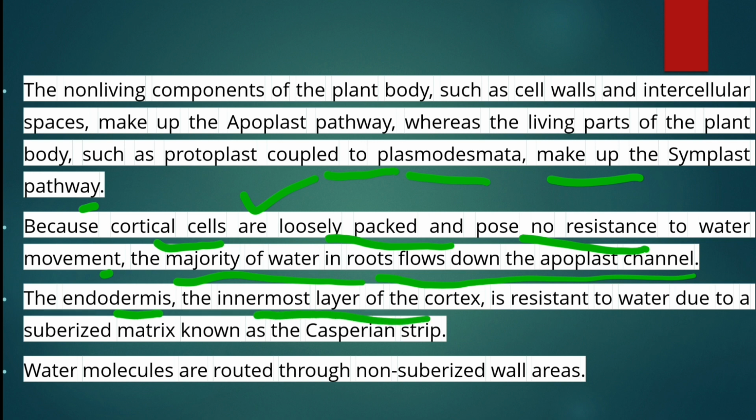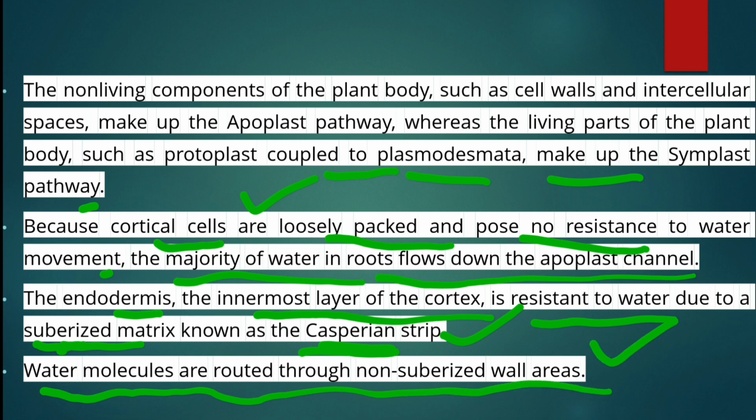The endodermis, the innermost layer of the cortex, is resistant to water because the Casparian strip, made up of suberin, is present in it. Water molecules are routed through non-suberized wall areas.